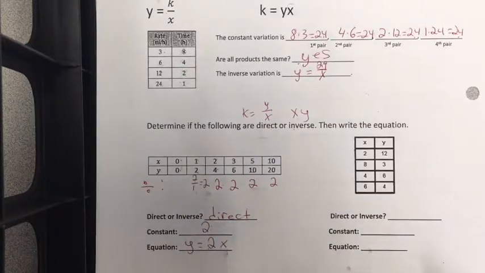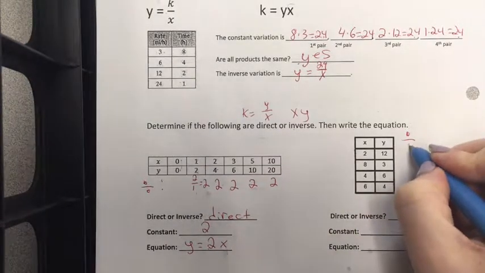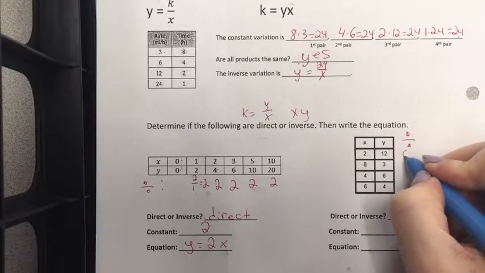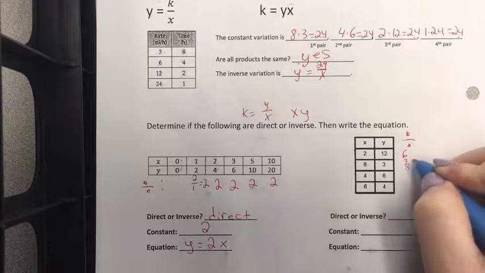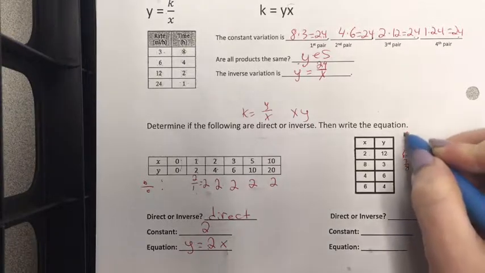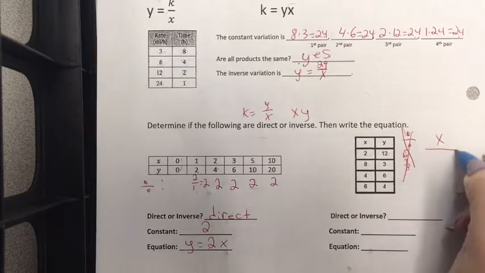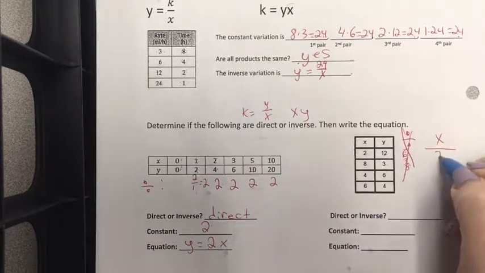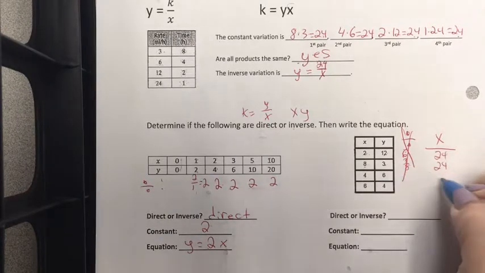So now let's go to our second example. So let's decide if it's direct. So we're going to try to divide first. So 12 divided by 2 is 6. 3 divided by 8 is 3 over 8. Already we can tell that these are not the same number, so it's not going to be direct. Now we need to check if it's inverse. 12 times 2 is 24. 3 times 8 is 24. 6 times 4 is 24. 4 times 6 is 24.